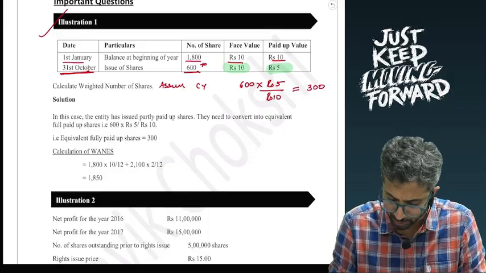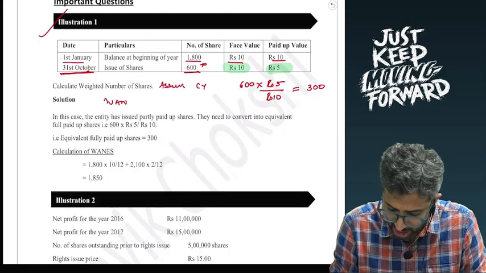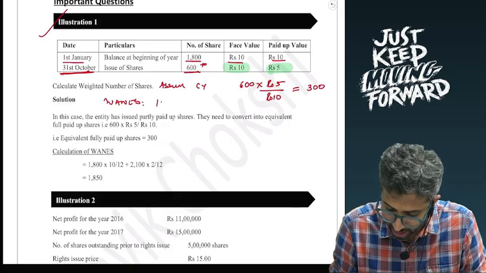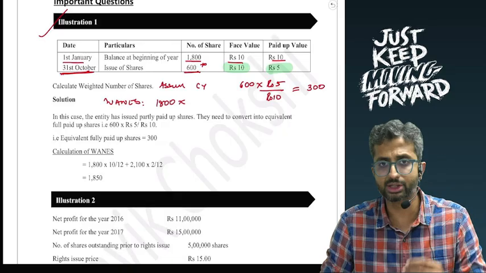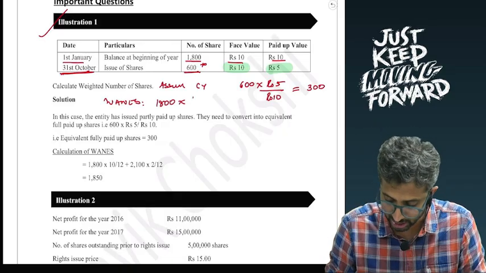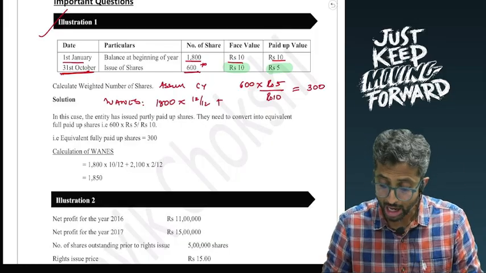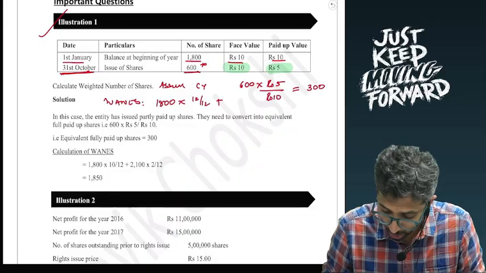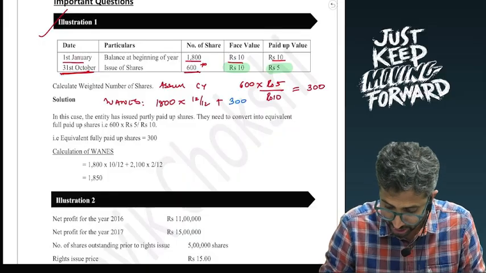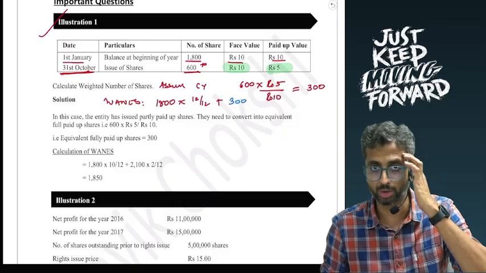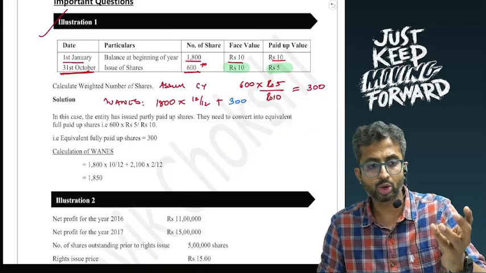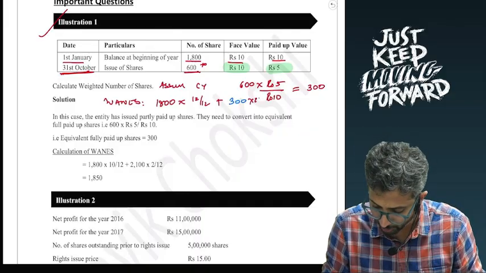And as a result, if you have to calculate, the 1800 shares are outstanding for the entire 12 months, so 1800 into 12 by 12, you will take the time based weighted average, plus the equivalent 300 shares. But these 300 shares were issued in October, so November and December, they are outstanding for 2 months.